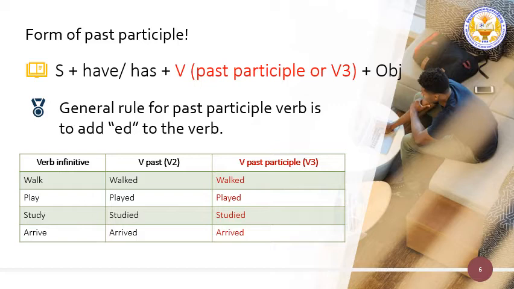And the verb that ends with consonant plus y, then you change y to ied, as you can see, like study here and study here. And the verb that ends with e already, for example, like arrive, then you just add d to the verb, arrived, and past participle still arrived.